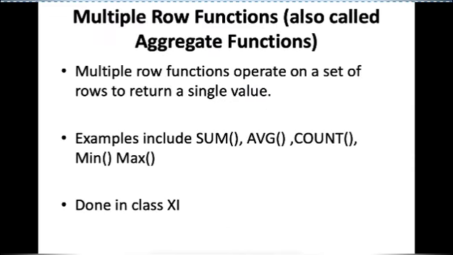Let us have a look at what multi-row functions or aggregate functions are. Hope you remember that we have done these functions in 11th class. I had told you that these are functions which execute on a group of values. They execute on multiple rows and return one single aggregated value as a result. That is why these are known as multi-row functions, group functions or aggregate functions.